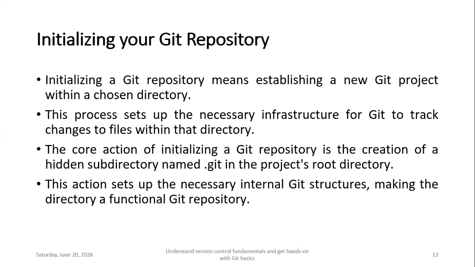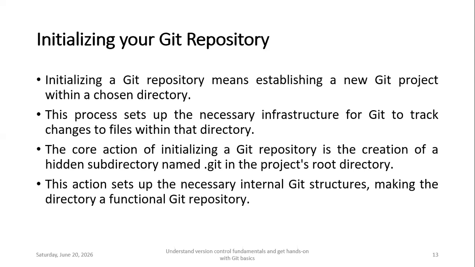So when we say you are initializing a Git repository, what it means is that you establish a Git project within the chosen directory. So you are working on a particular project, any project. It might be writing a book. It might be analyzing data. It might be writing code.